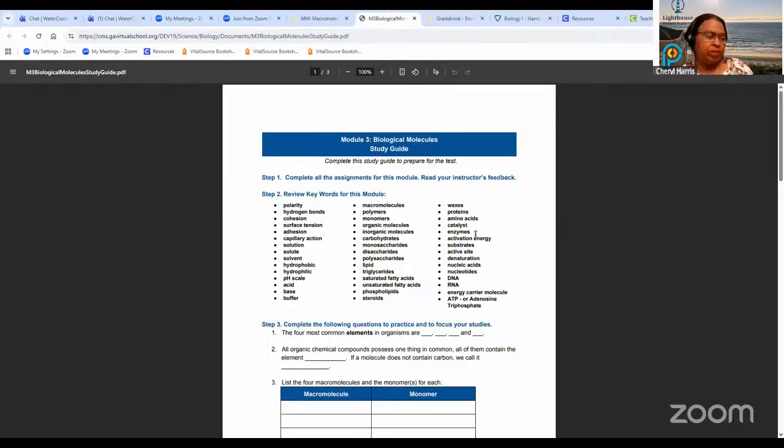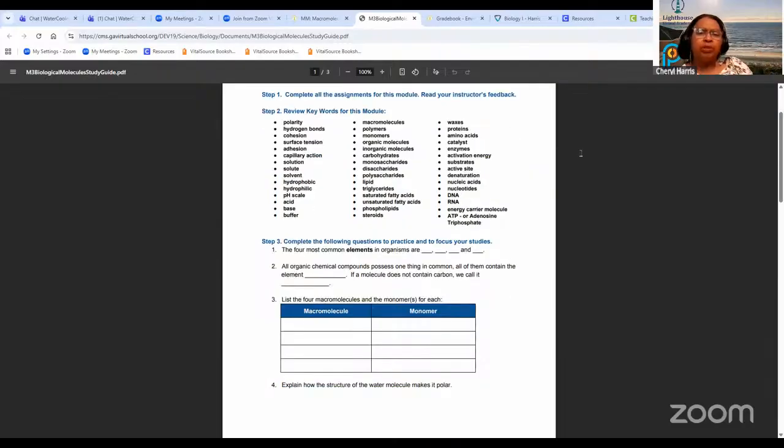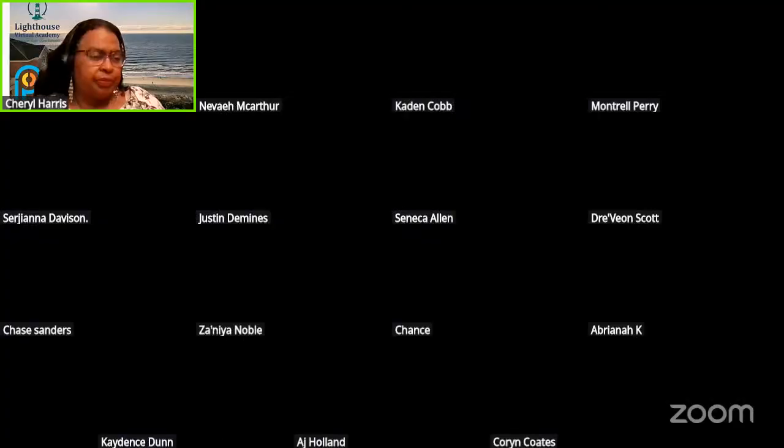I'm going to go over this with you, but I'm going to stop here so that I can do attendance. So start looking this over, try to complete it. Definitely look at the vocabulary words, and I'll be right back. The worksheet, so please follow along.